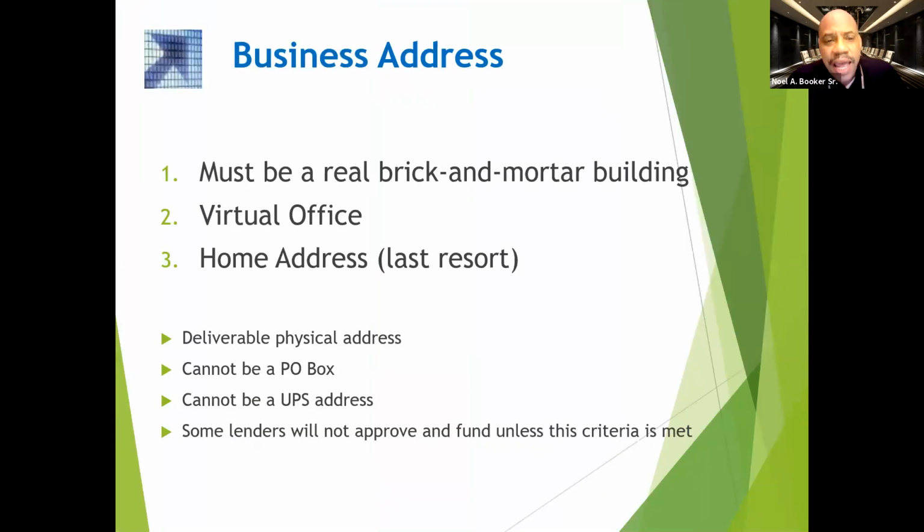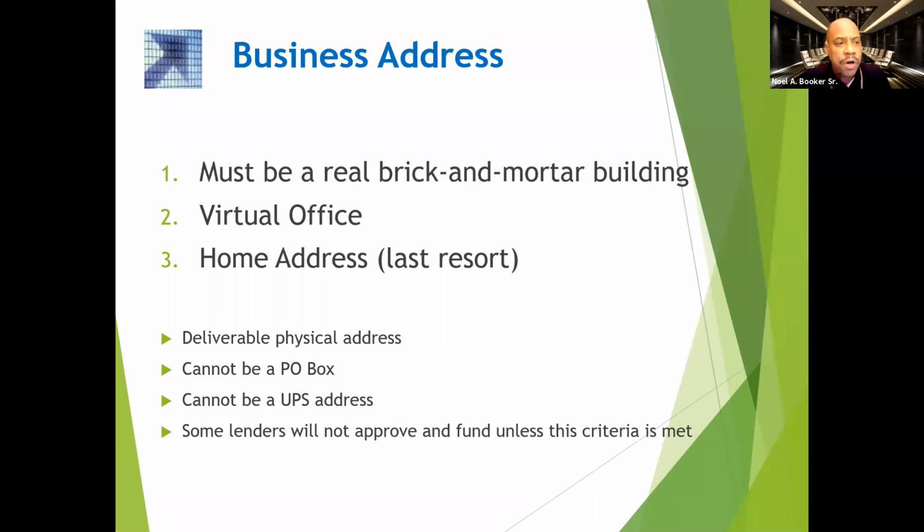Okay. Business address. This is an important topic. In selecting your business address, there are 3 options and 3 options only, listed in priority as you see on the screen.